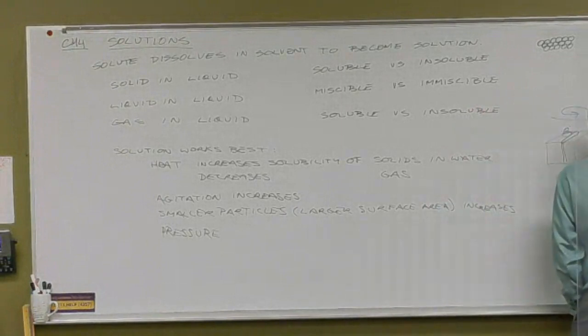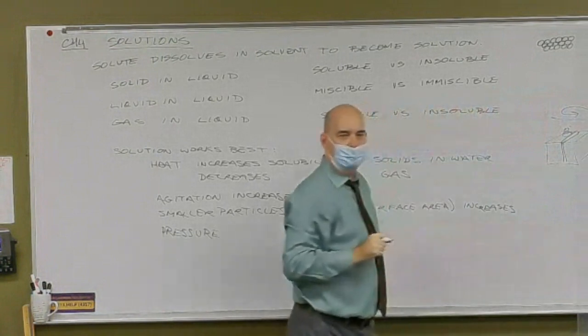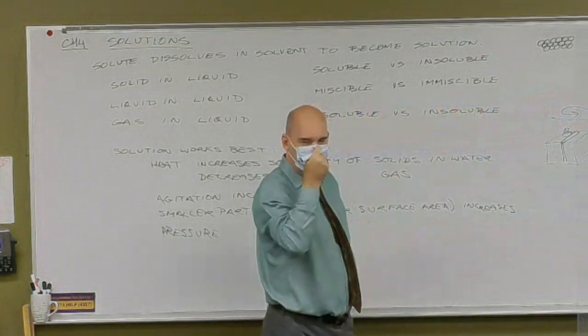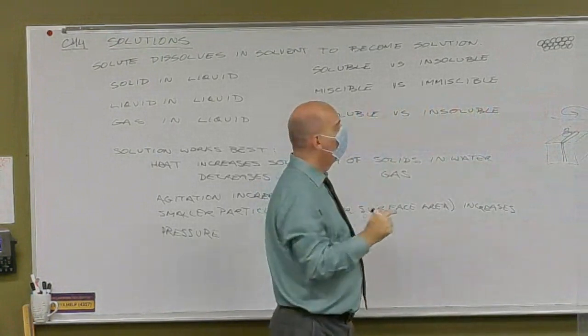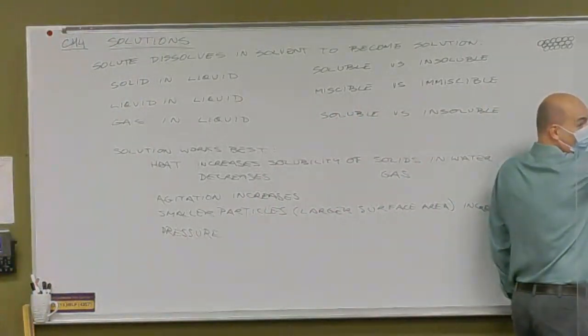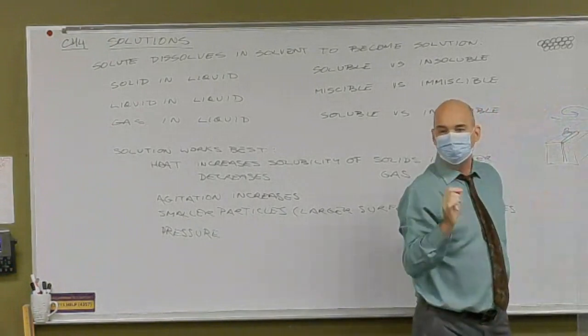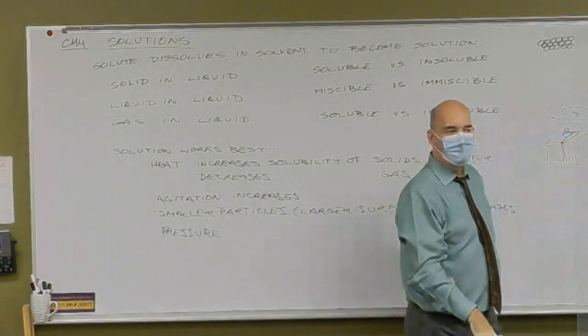Gases have very large distances between the smallest particles, whether that's an atom or a molecule. So gases can be compressed, pressurized. Liquids can be pressurized a tiny bit, and solids basically not at all.